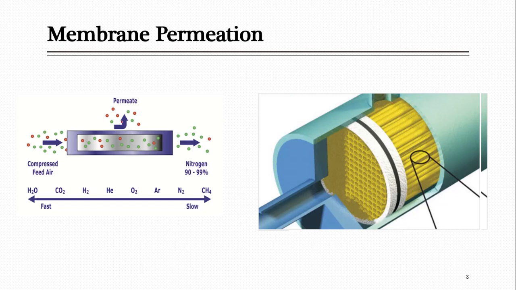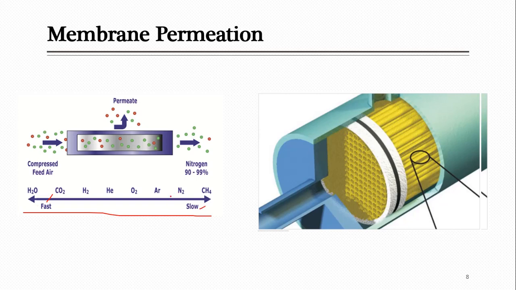I think one example related to this we have already discussed in a previous lecture. The permeate will contain oxygen, CO2, helium and all the other components, while the retentate is nitrogen, which can't pass through this membrane. Here you can see that the permeability through this membrane is fast at this end, and at the other end it is slow.